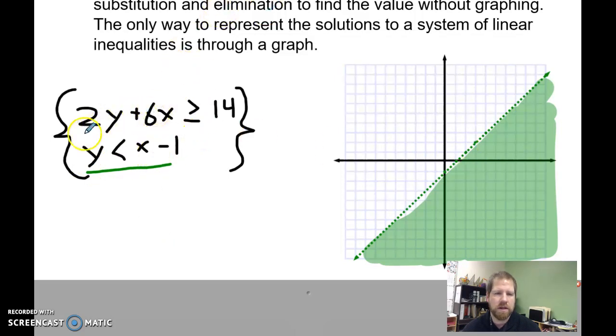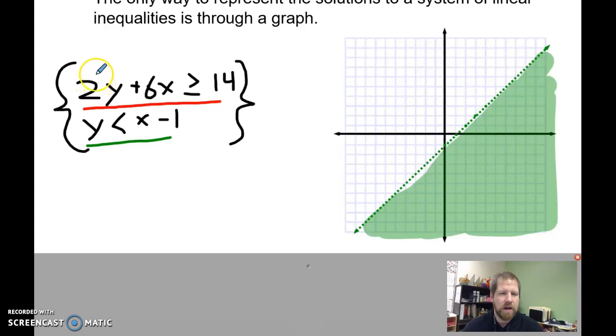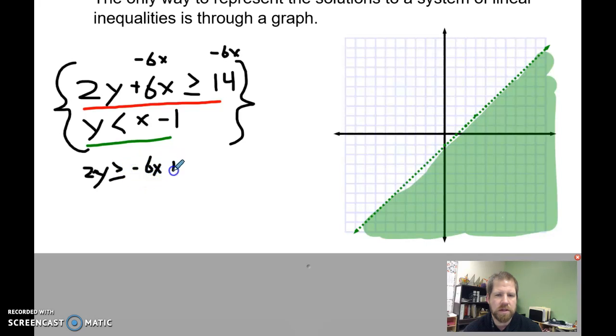Move on to the other one, and that one I'm going to underline with red, but I'm going to have to mess with that one. So I've got 2y plus 6x is greater than or equal to 14. I'm going to isolate y, so I'm going to subtract 6x on both sides, and that'll get me 2y is greater than or equal to negative 6x plus 14.